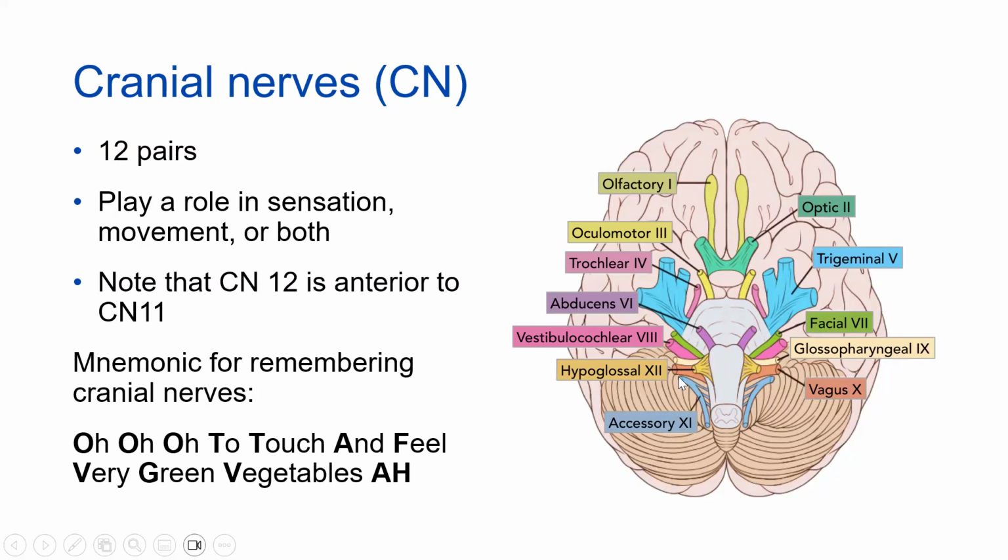So here you see that cranial nerve 12 is actually anterior to cranial nerve. And you can come up with your own mnemonic. There's a few out there, but back when I was taking anatomy, what helped me was this mnemonic: O, to touch and feel very green vegetables, for olfactory, optic, oculomotor, and so on.